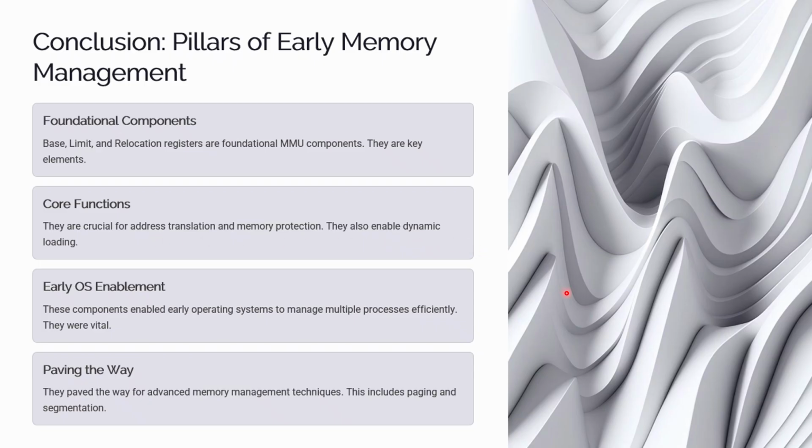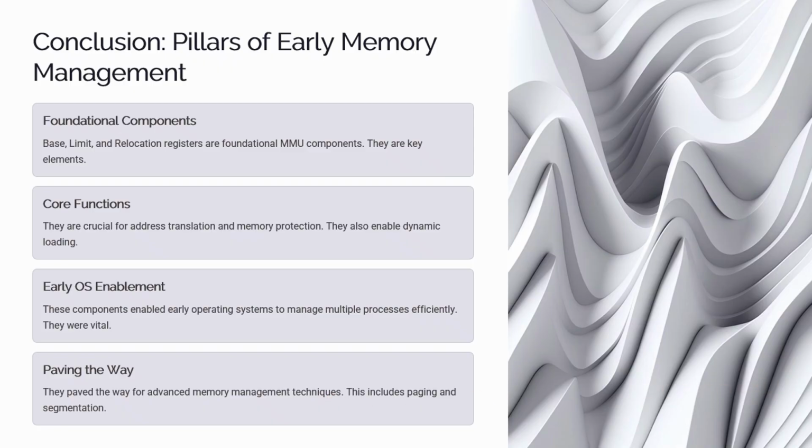They also enable dynamic loading. These components enabled early operating systems to manage multiple processes efficiently. They paved the way for advanced memory management techniques. This includes paging and segmentation.